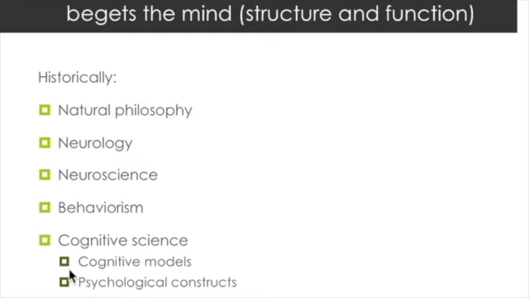So going back to our summary of behaviorism and cognitive science, we're starting to move towards using cognitive models to understand the psychological constructs that are mediating the relationship between stimulus and response, in contrast to the classic behaviorist view, which treats the brain as a sort of black box.